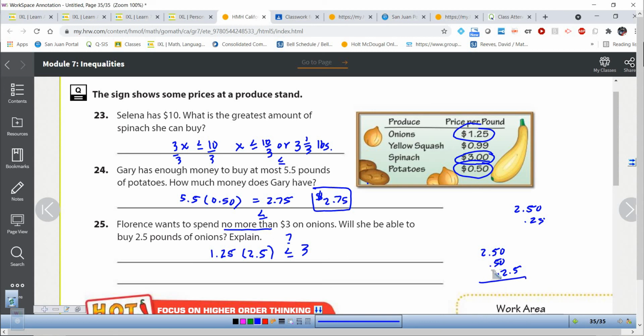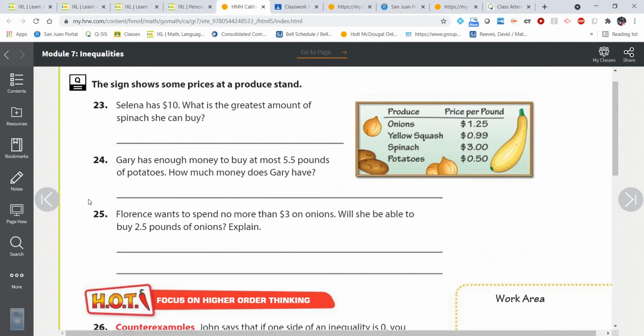Well, you could see that if I add those together, that's going to give me more than $3. So the answer is no. All right, will she be able to buy? No. All right, it costs more than $3. In fact, it cost $3.12. Okay, by the way, I did not use a calculator on any of these problems.